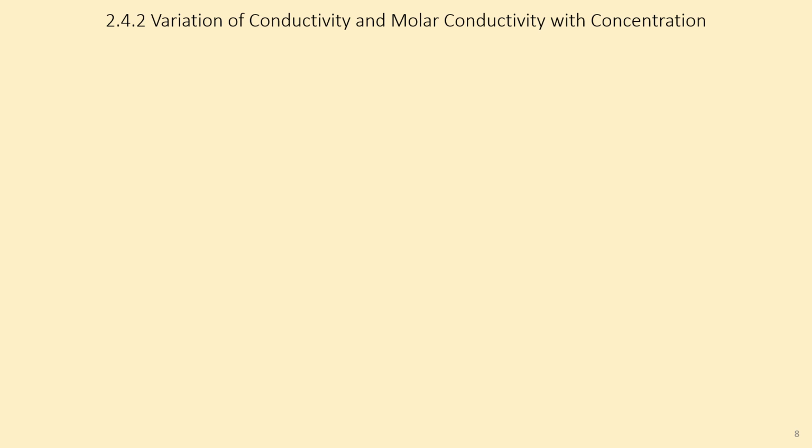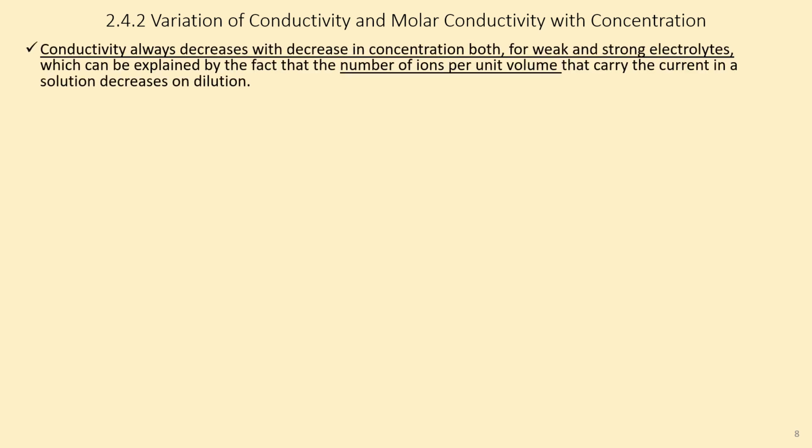Variation of conductivity and molar conductivity with concentration. Both conductivity and molar conductivity change with the concentration of the electrolyte. Conductivity always decreases with decrease in concentration for weak as well as strong electrolytes.